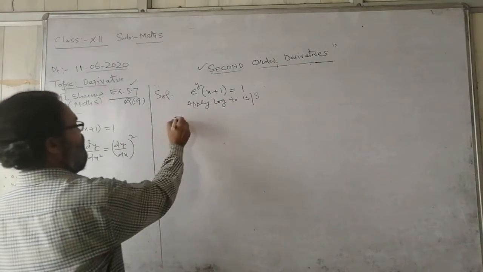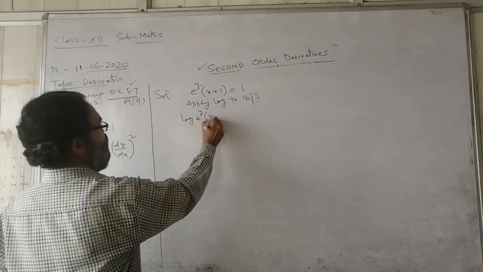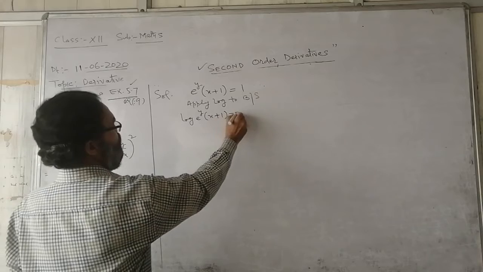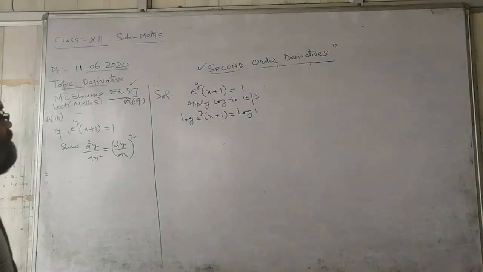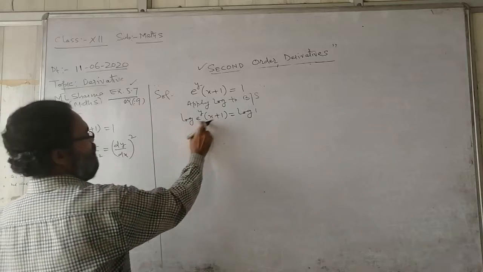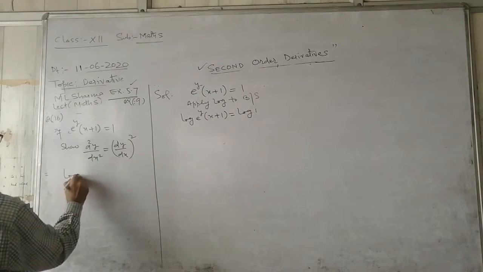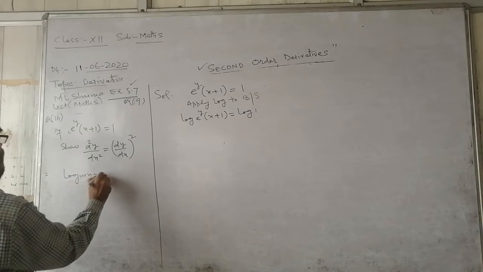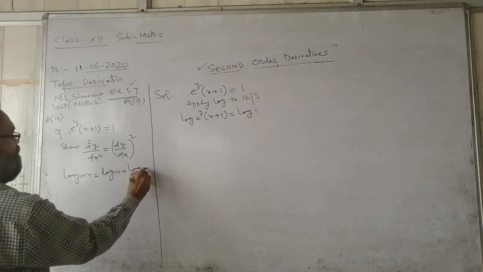If I apply log, log of e raised to the power y into x plus 1 will equal log of 1. Now this is log of m into n, and log of m into n is log m plus log n.